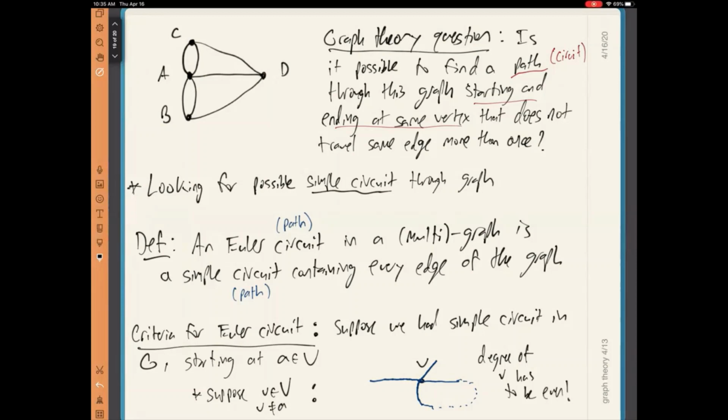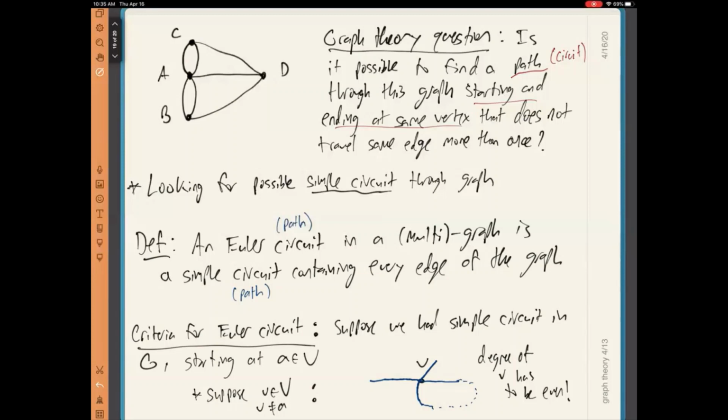Because every time the path passes through V, as long as it's not crossing through one of the edges that you previously crossed through, it always has to contribute a count of 2 to the degree. And therefore, the only way this can happen is if the degree of V is even.